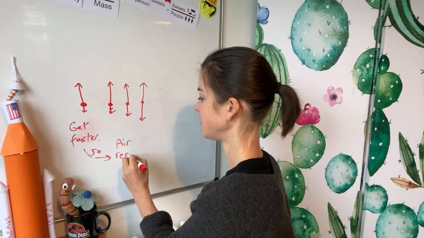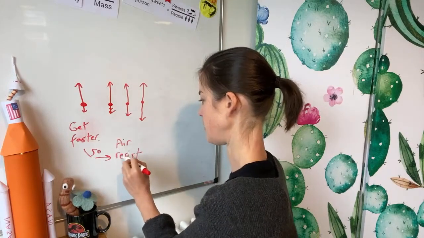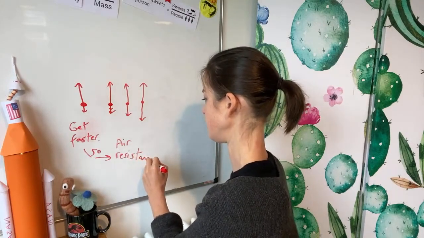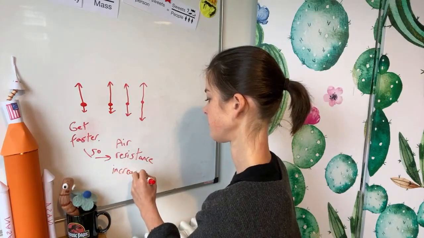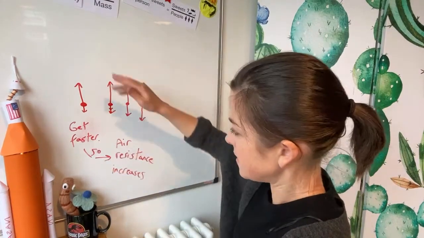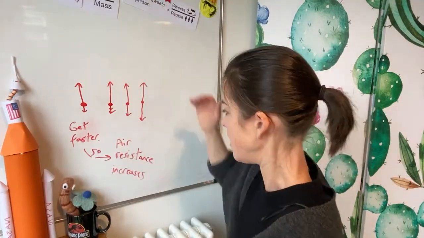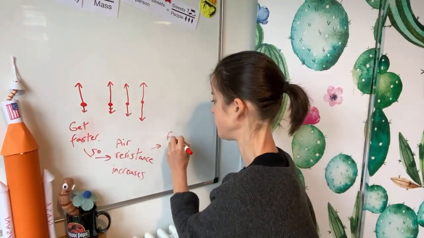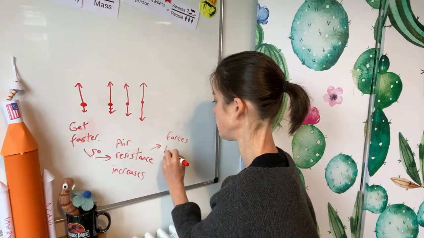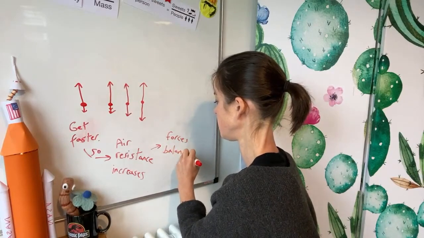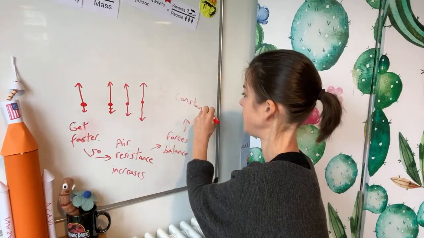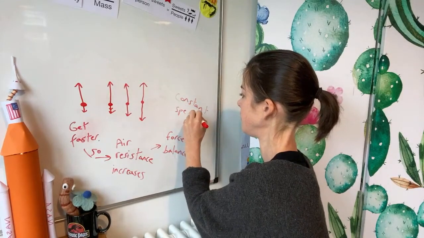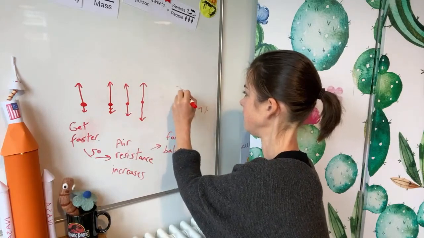I think they actually call it drag in the mark scheme, but you got away with air resistance. It moves faster, so the air resistance on it increases, and then the forces balance. So it travels at a constant speed. And what's the name of that constant speed? Terminal velocity.